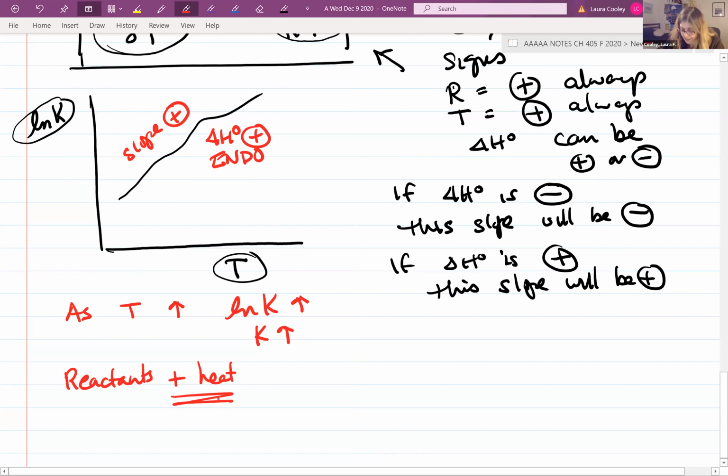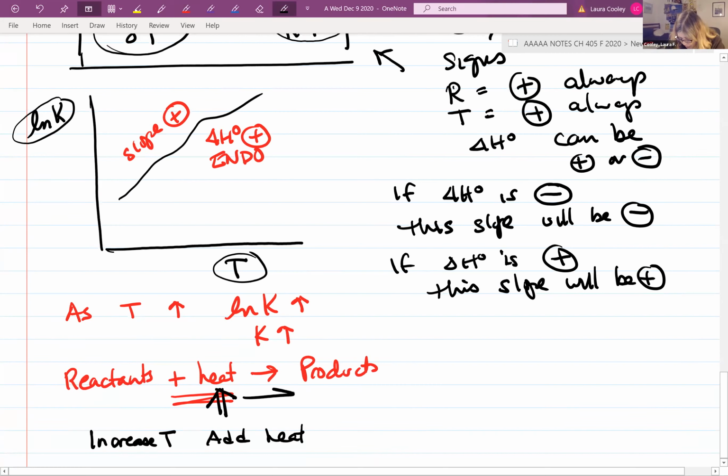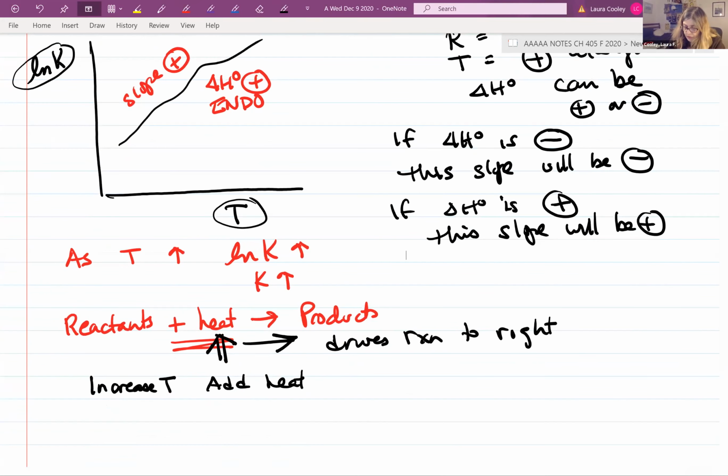because this is endothermic, heat is on the reactant side, goes to products. So if we increase the temperature, so we add heat, that's a stress by Le Chatelier's principle that drives the reaction to the right, increasing the amount of products and increasing the equilibrium constant.